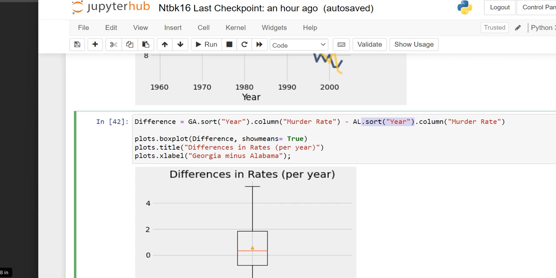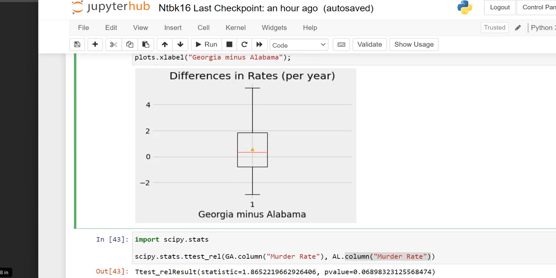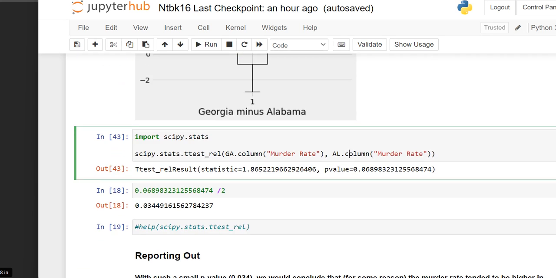We want to be comparing year by year. So when we sort by year, that gets us the nice matched pairs sequence that we need in both arrays. And now notice that we are putting the Georgia array in first and the Alabama array in second.